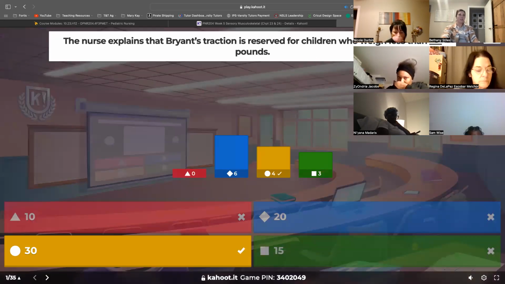The traction is reserved for our kids that are less than 30 pounds.